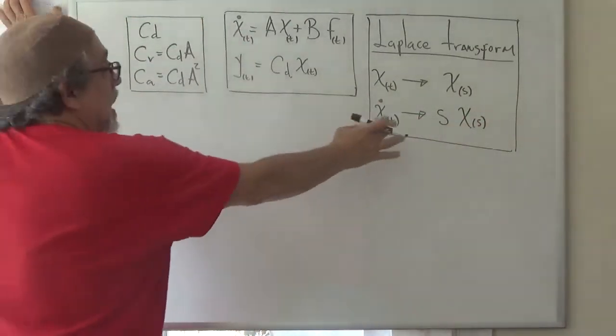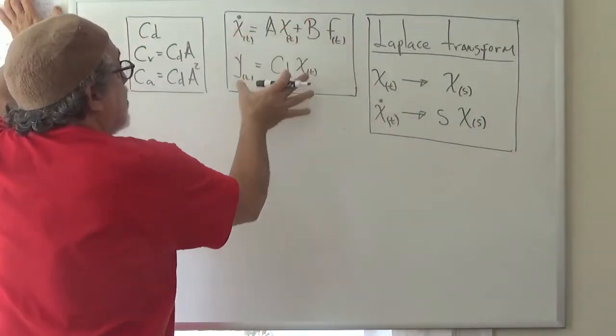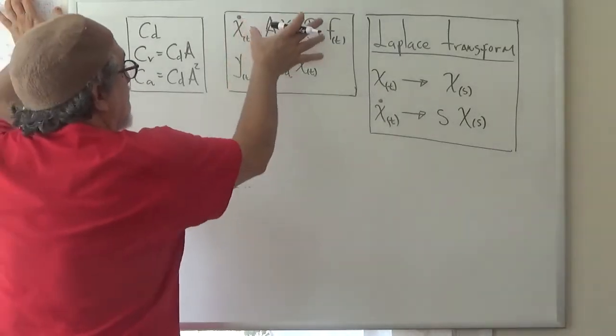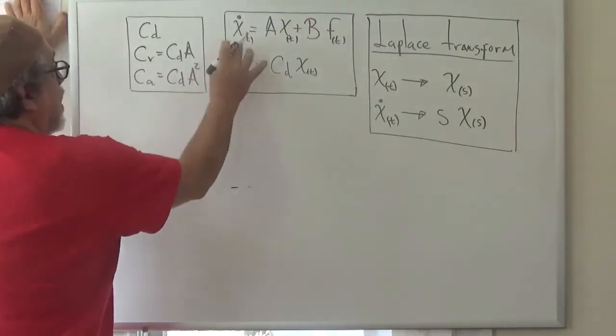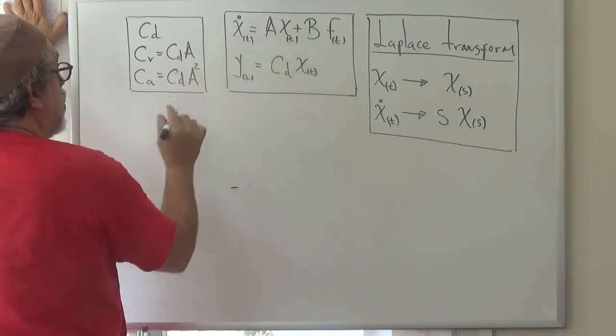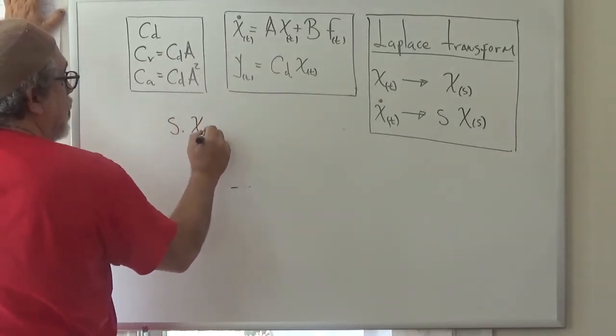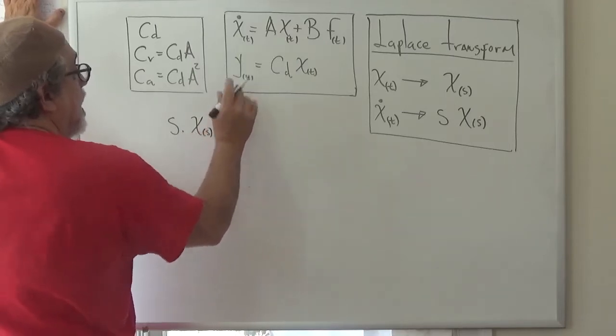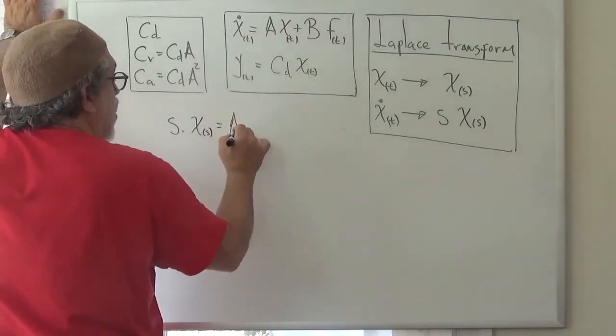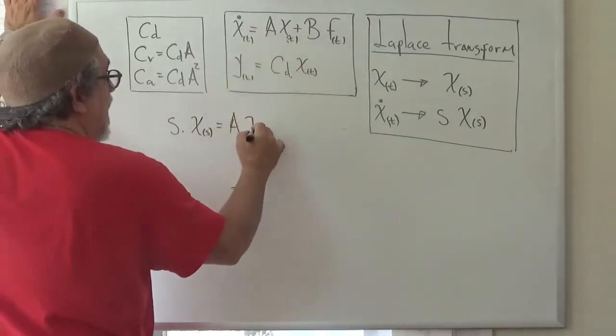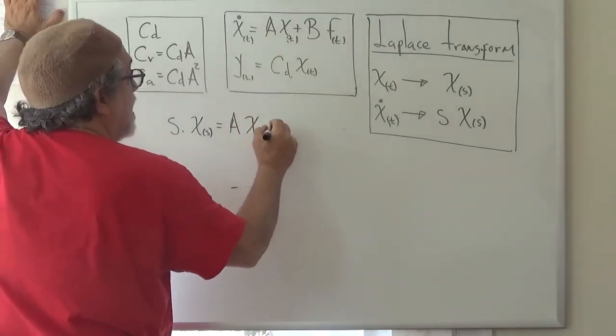So, given these definitions, I will now take a Laplace transform of the state space equation, and you will see then that the Laplace transform of x dot will become s times the Laplace transform of x. A is a constant, and the Laplace transform of x is x of s.